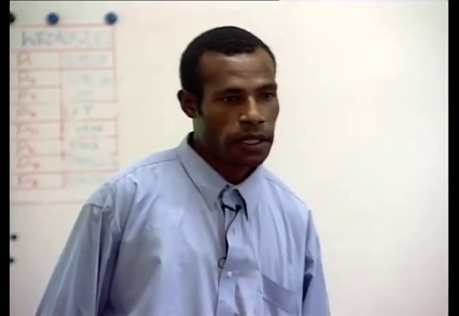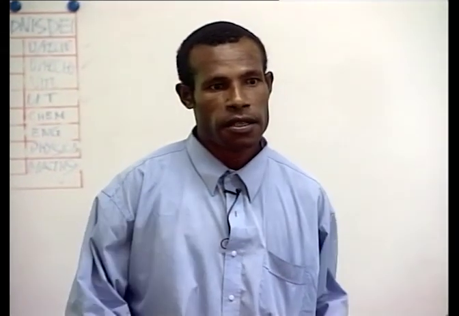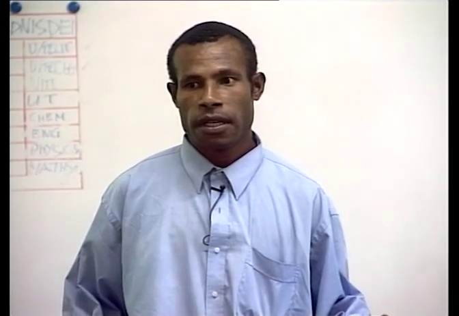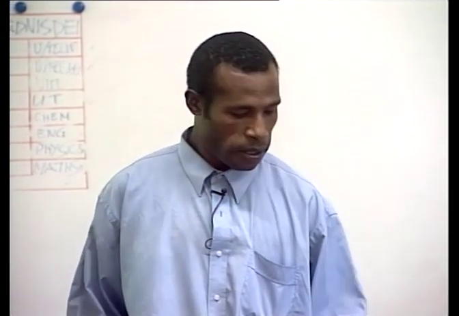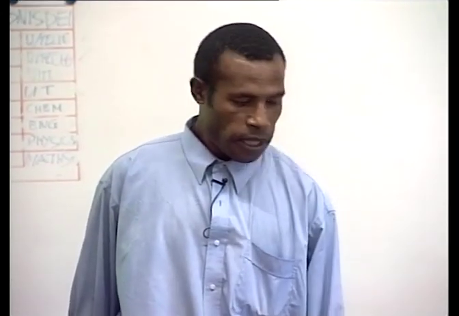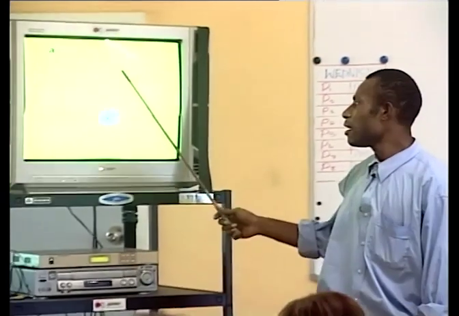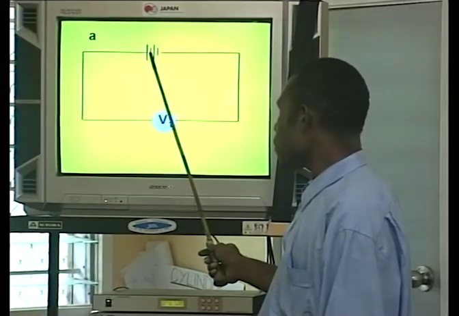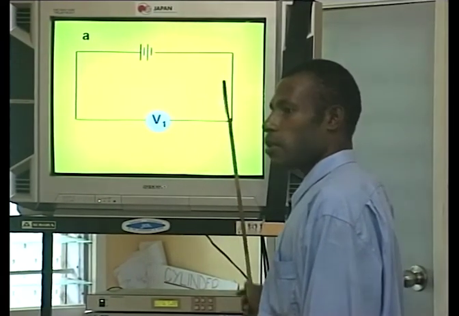All right, good. All of your answers are quite correct, and from that experiment you did, all of you got the same answer for the reading and also how you arrange the cells, whether it is series or parallel. Quickly to summarize what you did: this one will add up with this because they will be flowing in only one loop or one circuit.